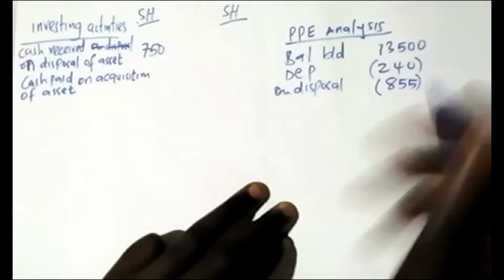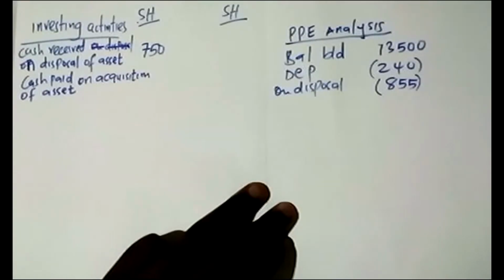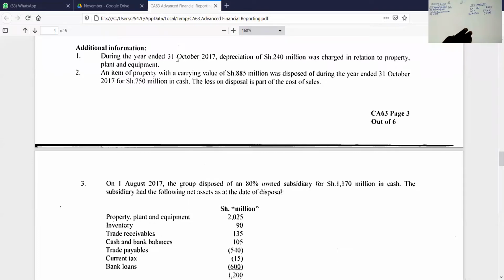So let me confirm that. It is 885, the carrying value of this asset which was disposed in note 2.